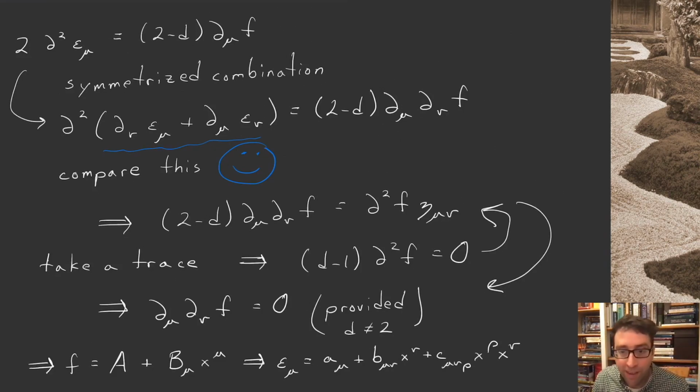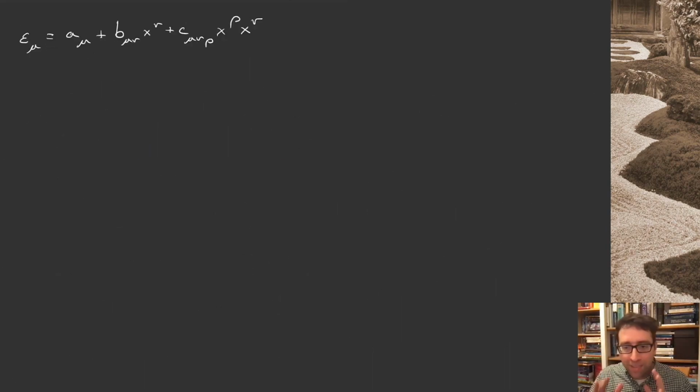Okay. So that's the central result here. We've learned that epsilon has a very constrained form given this definition of what a conformal symmetry transformation is. We can say a little bit more about epsilon. Well, first something obvious.